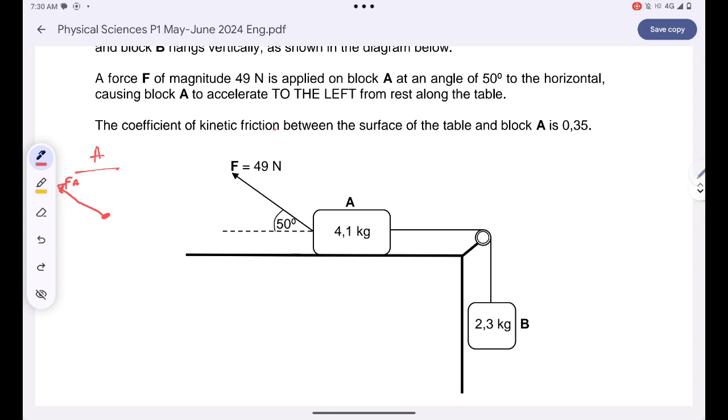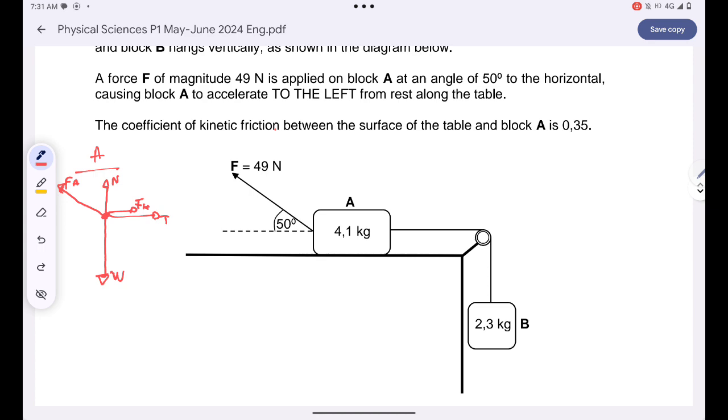This is F applied, and yes, the block is in the universe, so it will experience a gravitational force which is always vertically downwards towards the center of the Earth's surface. This is the weight, and since the block is on top of a surface, the block will experience a normal force together, and then there's kinetic friction between the block and the surface, so there is kinetic friction experienced by the block as well as the tension on the string together.